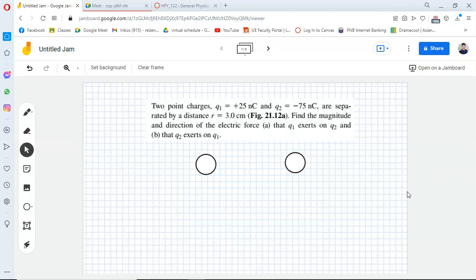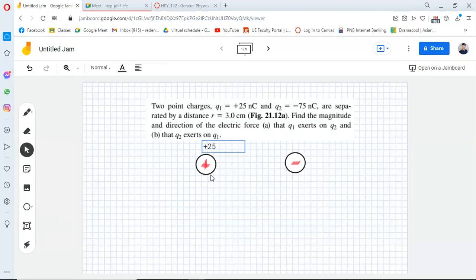We have 2 point charges. One is positive, so let's say this is the positive, and the other one is negative. So this is automatically the 25 nanocoulomb, while this part is the negative 75 nanocoulomb.